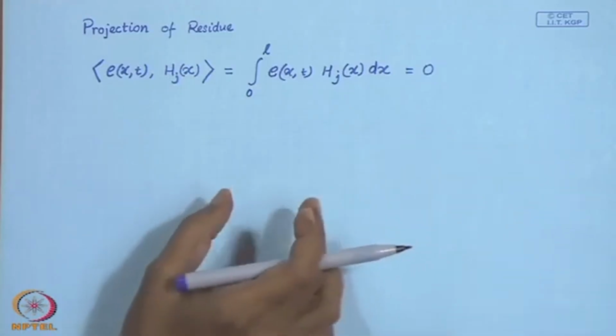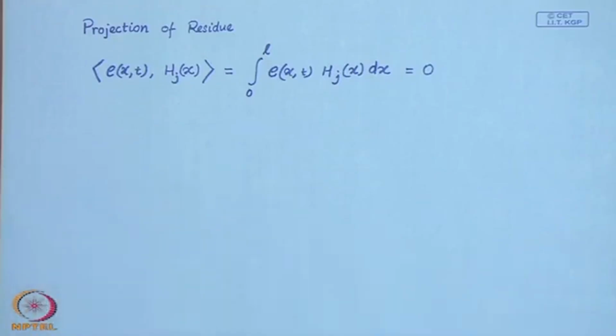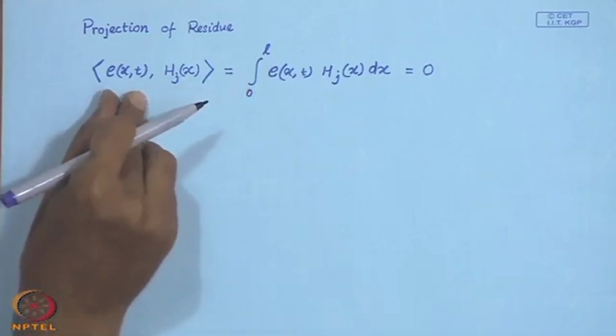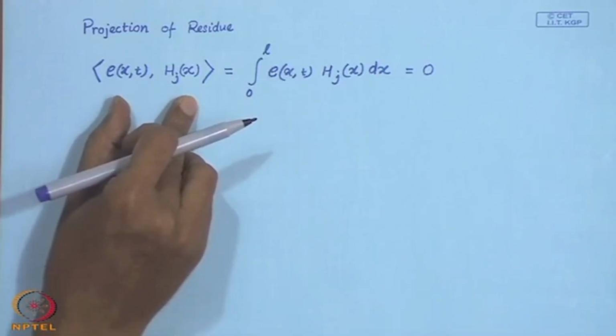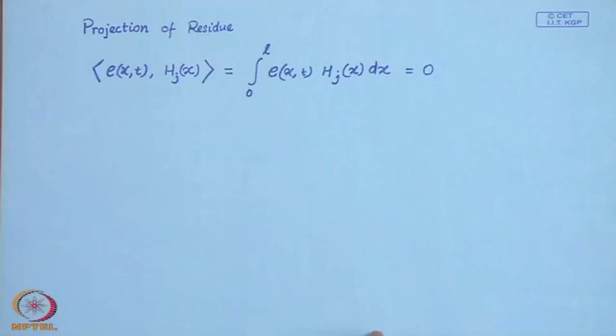Since we are searching for approximate solutions, this solution structure that we have considered is approximate, since it is a finite expansion. Once we substitute that in the equation of motion, we generate this residue, since this will not be identically 0. So, instead of having this identically 0, we have a weaker condition which says that the projection of this residue along certain function directions is 0.